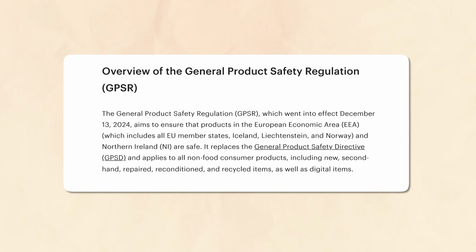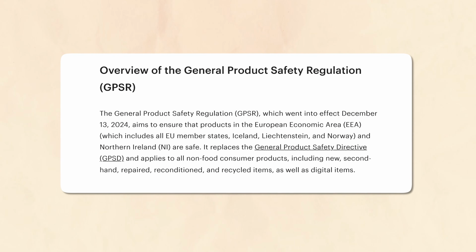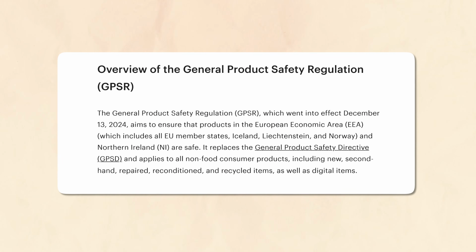And if you're a US-based seller like me, there's a good chance you've scrolled right past this without even caring about it. So here's the simple version of what this means. The EU tightened up product safety and labeling rules for items sold to buyers in European countries. So non-compliant listings can be removed without notice. Now here's where it gets a little murky and there's a lot of confusion out there.